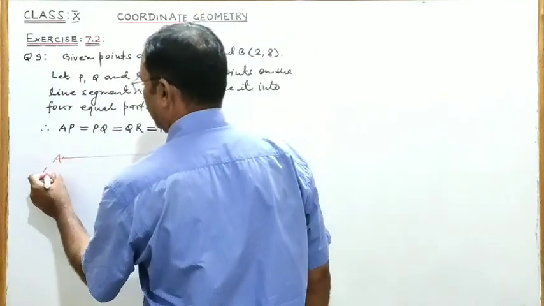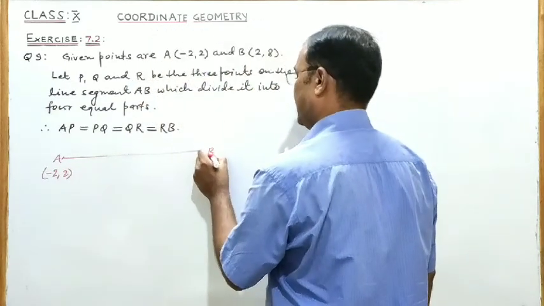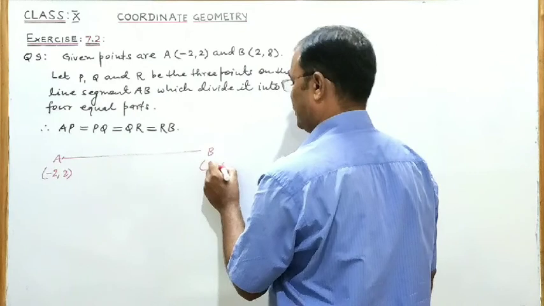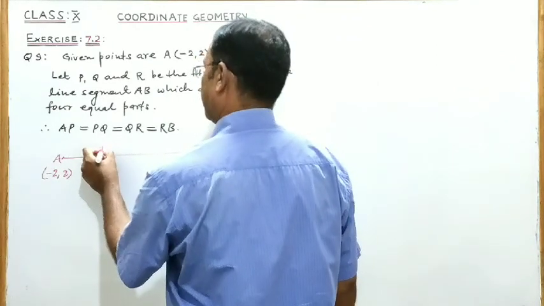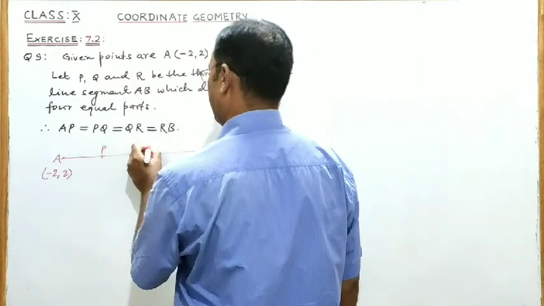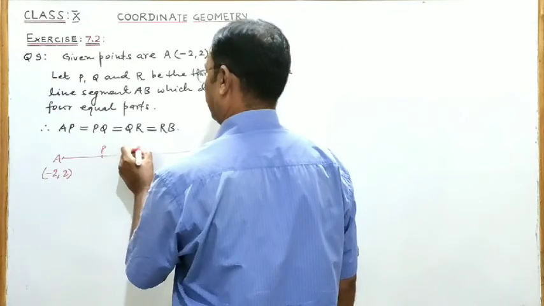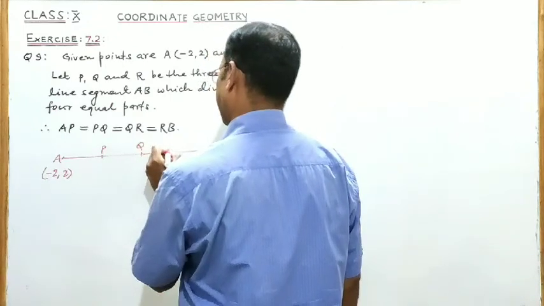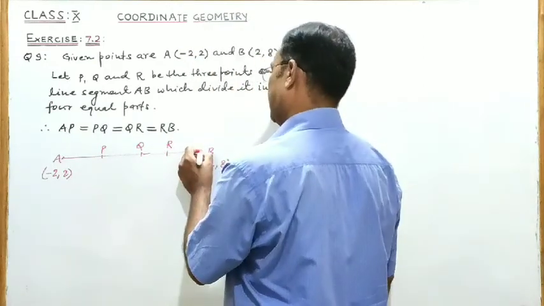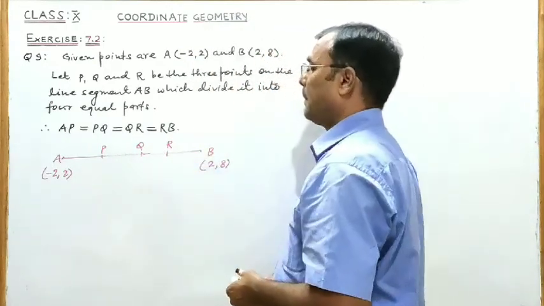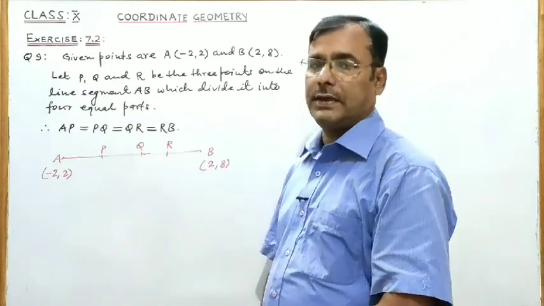Given points A(-2, 2) and B(2, 8). The 3 points P, Q and R are on this line segment AB which divide it into 4 equal parts.